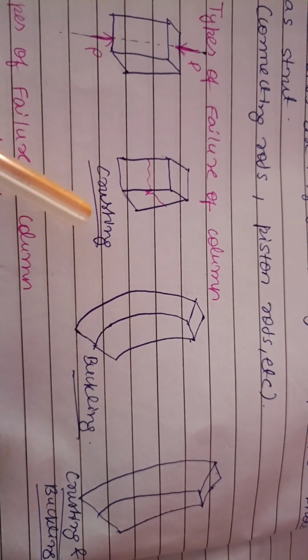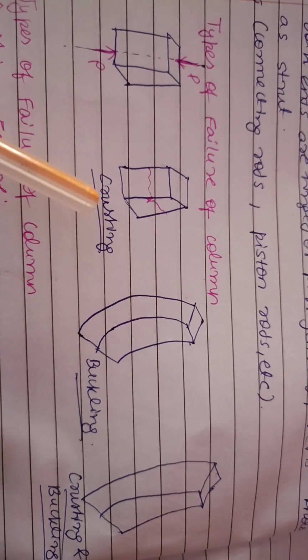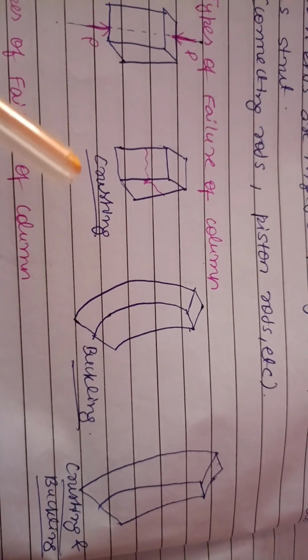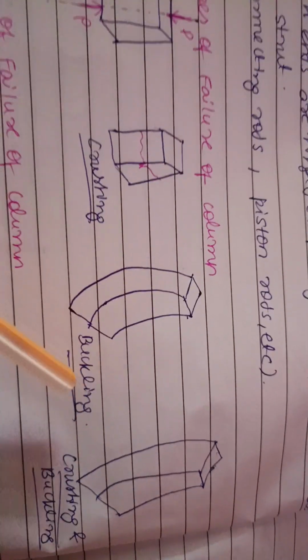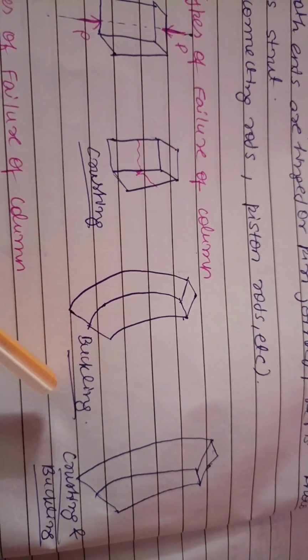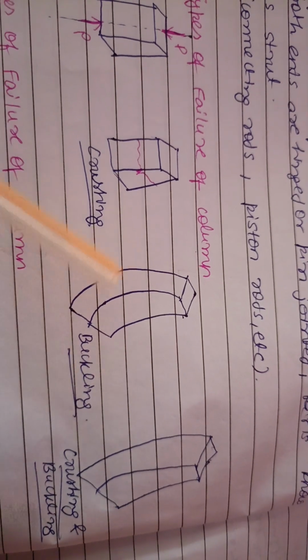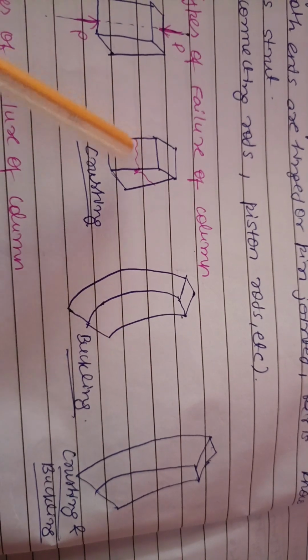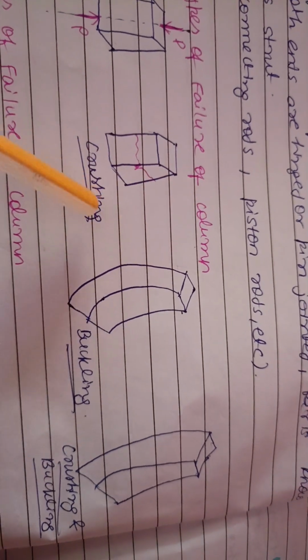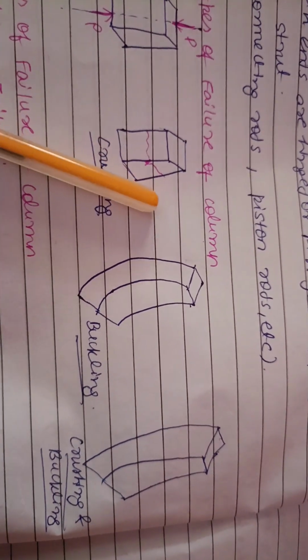Crushing occurs when our column is crushed, and buckling occurs when the column buckles. In simple words we can remember this.